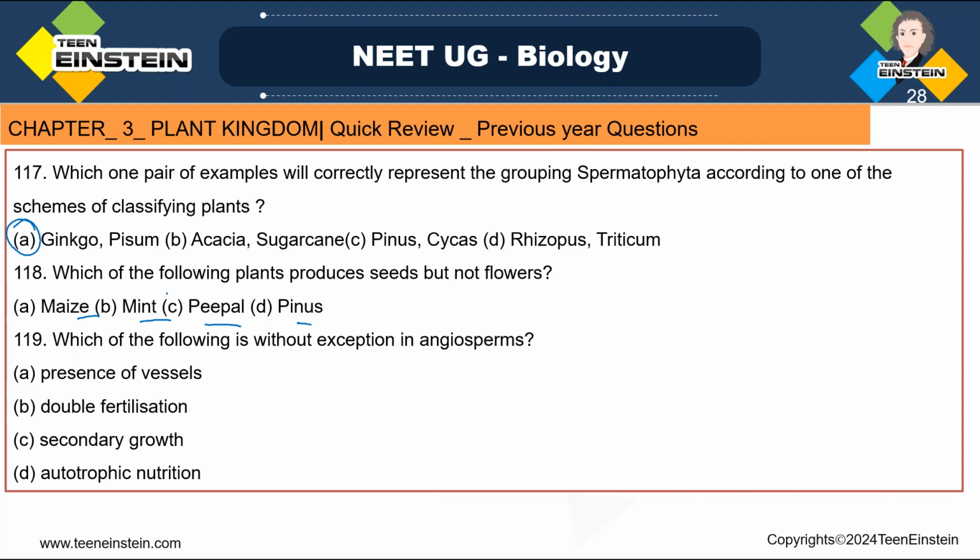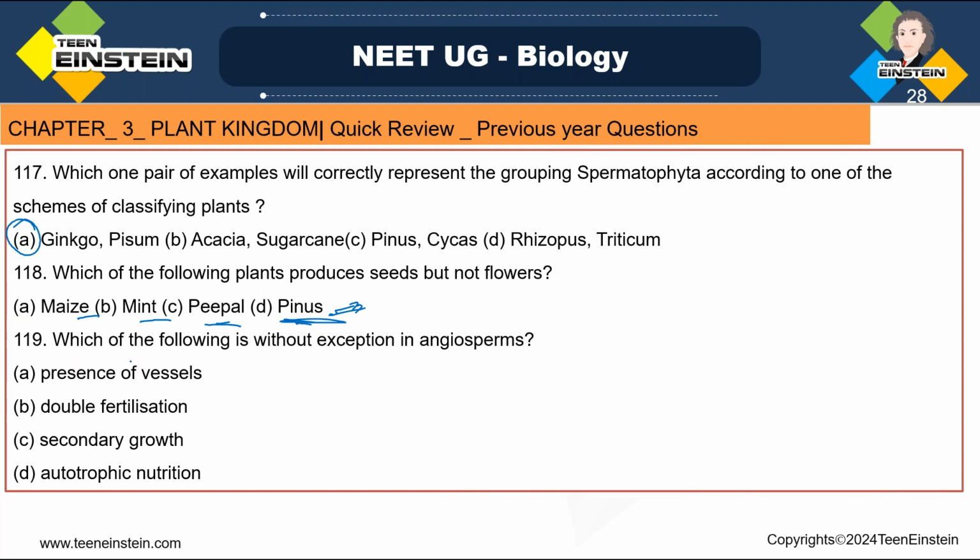They come under angiosperms. But Pinus is a gymnosperm in which seeds are produced, but flowers are not produced, and seeds are not enclosed in flowers. So option D, Pinus, is the right answer.